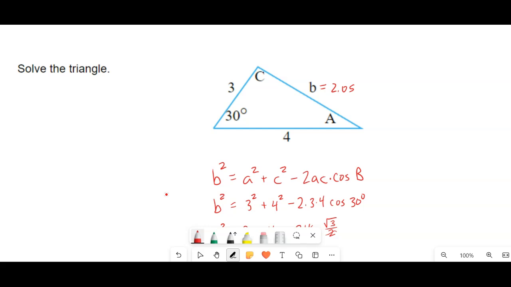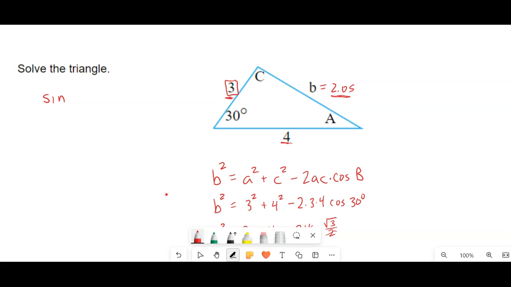So I can find angle C or angle A with the law of sines. I'm going to go to the 3, and the reason is this is obviously the smallest side, so it's going to be acute. 3 is the next smallest side, so it definitely would be acute, because it's the middle side. 4 is the biggest.